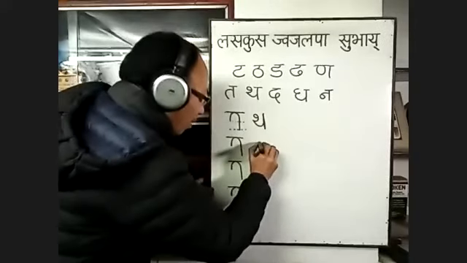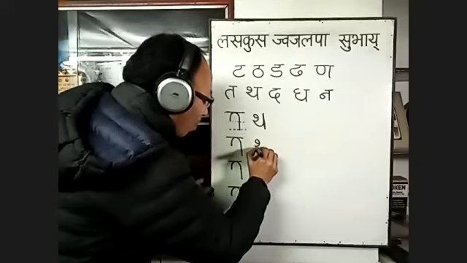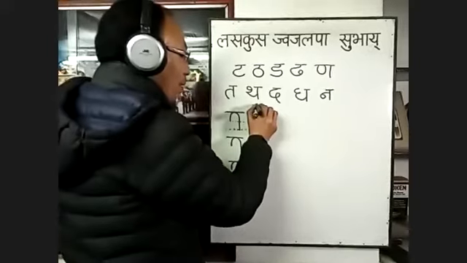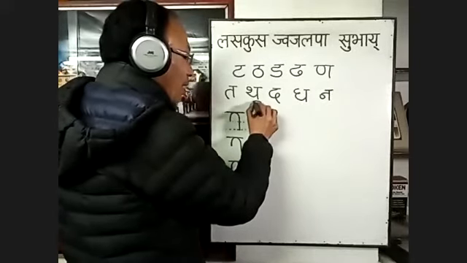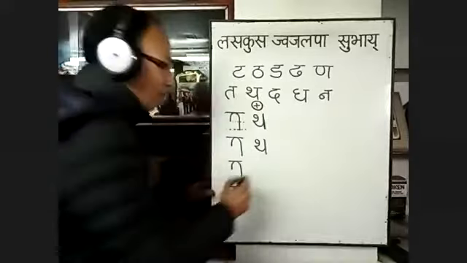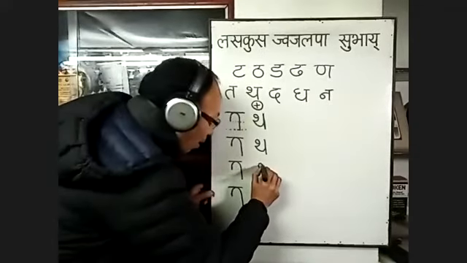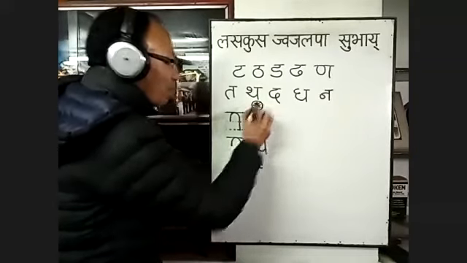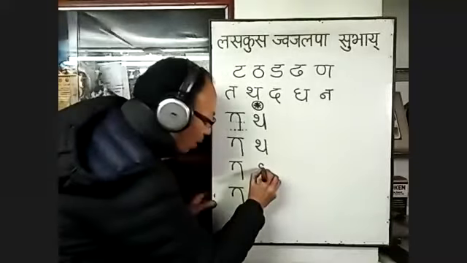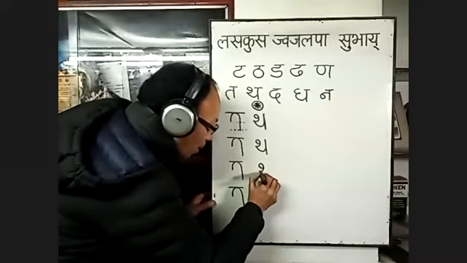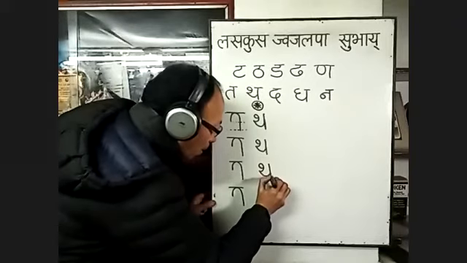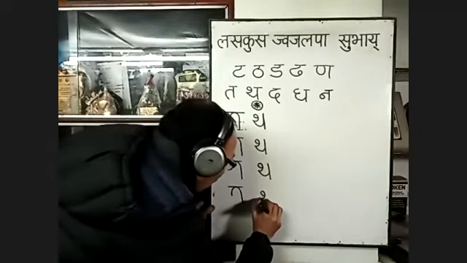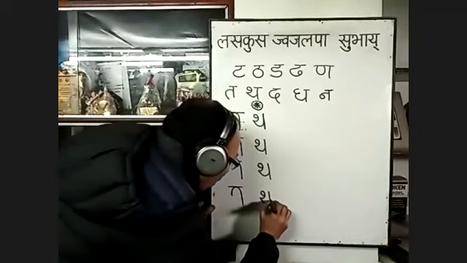Tha. And it is a letter without mo. So this is a mo-less letter, and we give this sign, an asterisk. We give asterisk marks to the mo-less letter, right? Tha. And tha.